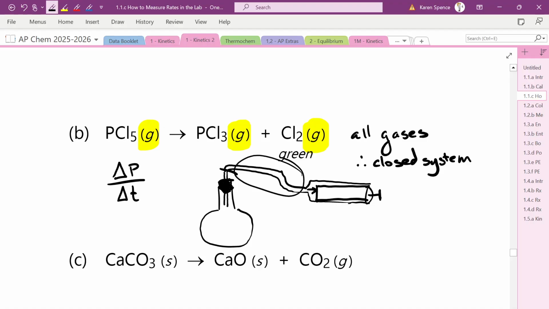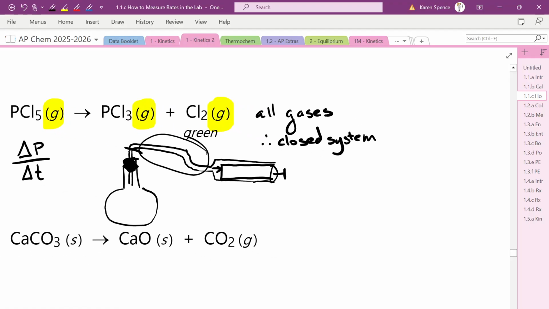You could also use a eudiometer or a gas collection tube where you have your reaction vessel, you got your stopper, you got your little hose thing.